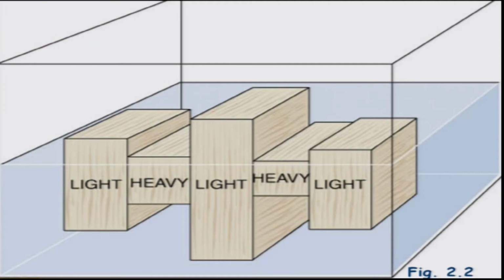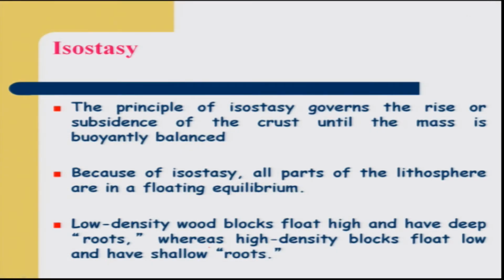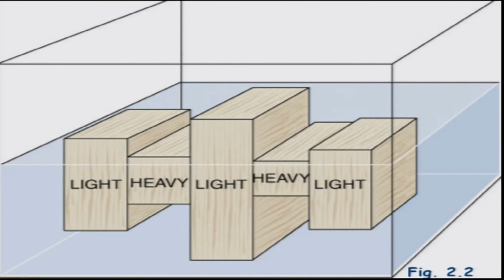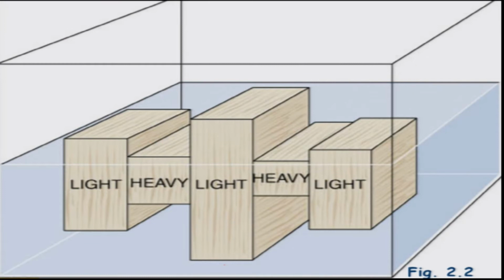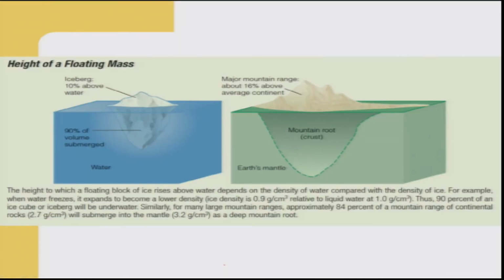Similarly, another example given is the iceberg and the major mountain ranges. Major mountain ranges remain about 60% above the average continent.